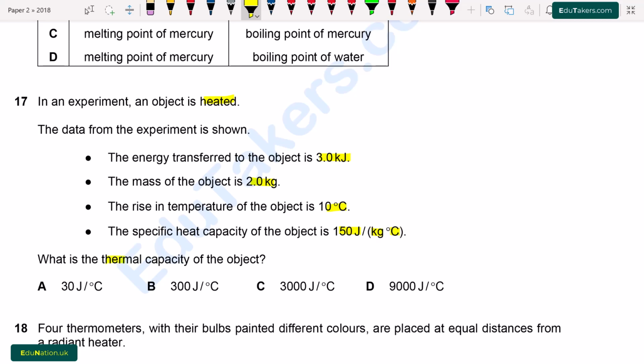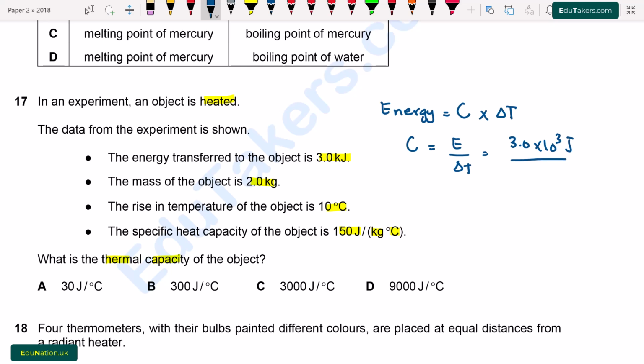So here we have to find out the thermal capacity of the object. We know that energy transferred will be equal to the multiplication of thermal capacity and rise in temperature, delta T. From here we have to calculate the value of C. It will be equal to energy over delta T. Energy is given, which is 3.0 into 10 to the power 3 joule, divided by rise in temperature.